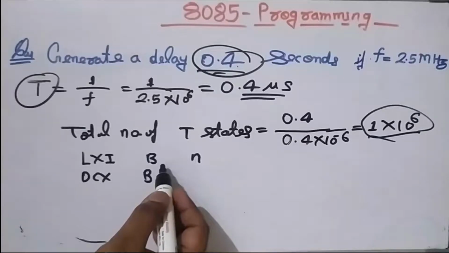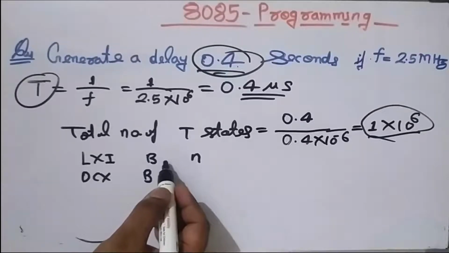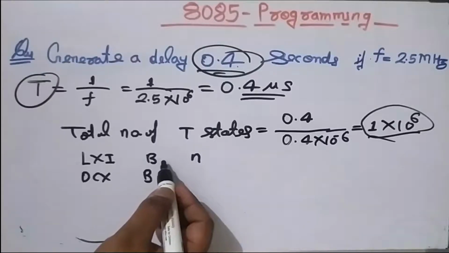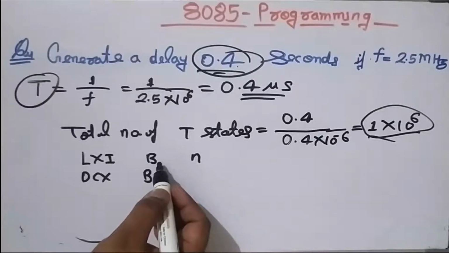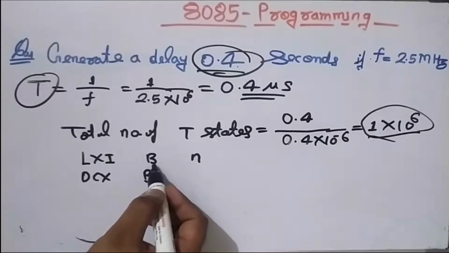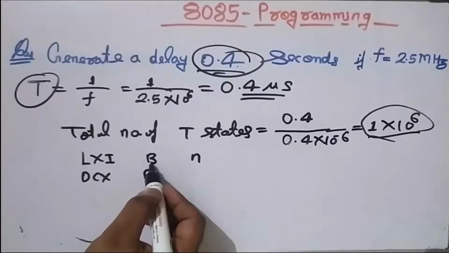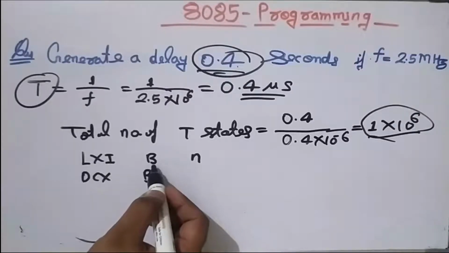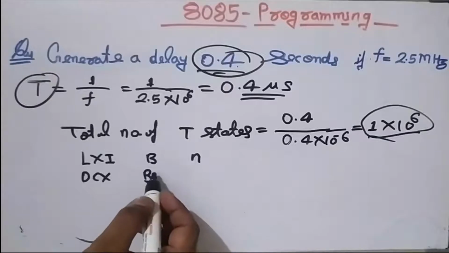The decrementation starts from register C first, and when C equals 0, meaning all 8 bits equal 0, then decrementation will start in the B register, and when these two registers become 0, our loop will terminate.